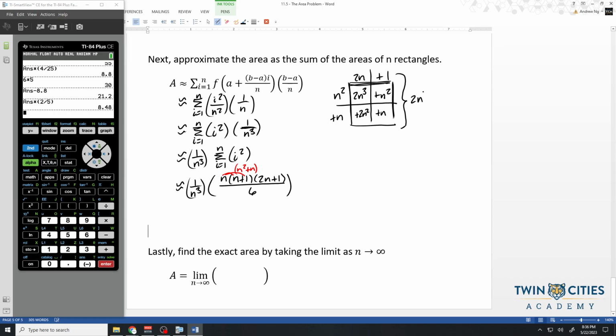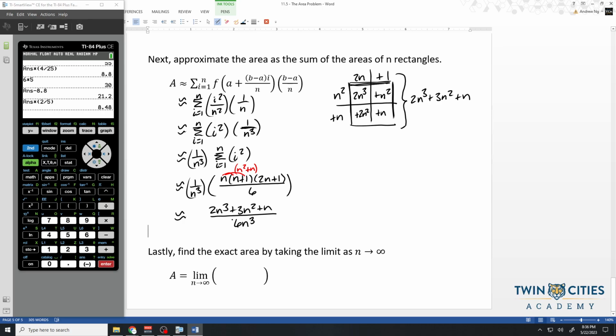So this is 2n to the third power plus 3n squared plus n. So the top part is 2n to the third power plus 3n squared plus n over 6. Now I'm multiplying this by 1 over n to the third. So that means I can just make this 6n to the third. Now this is the summation.